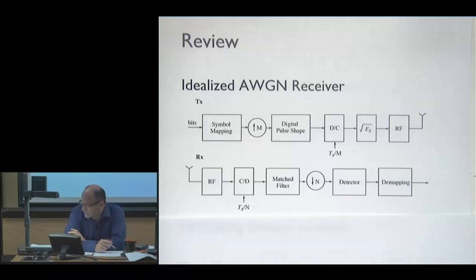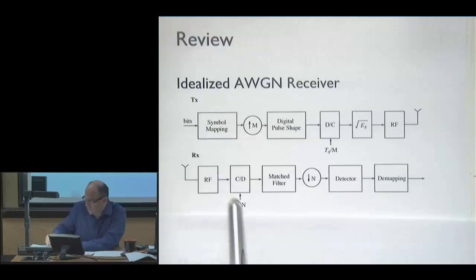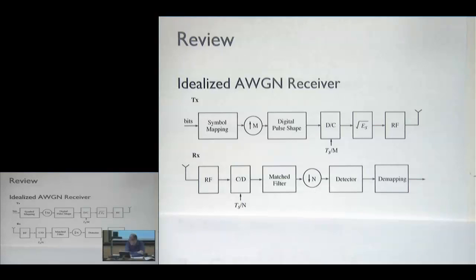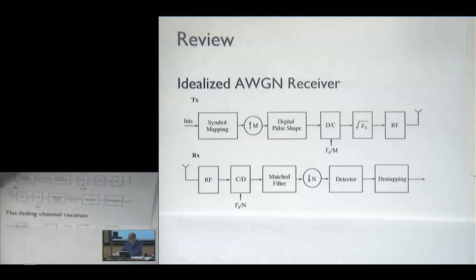You can see there's symbol mapping, digital pulse shaping, amplification, RF. And then on the receiver, there's oversampling, matched filtering, downsampling, detection, and demapping. And that was our idealized receiver. What we've been focusing on now has been adding complexity to the receiver to deal with a more complicated impulse response between the transmitter and receiver.